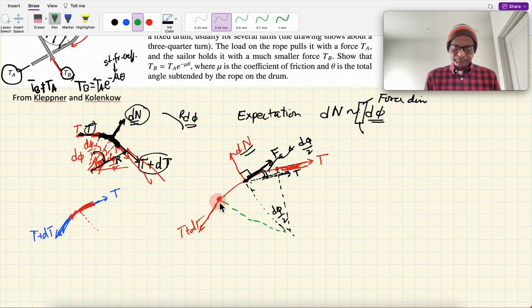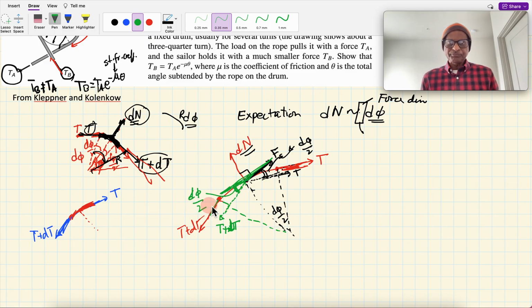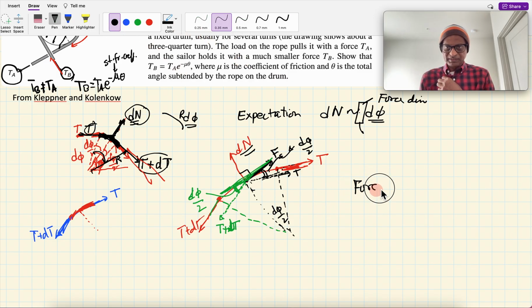If you take this vector and translate it over here in the same direction, this is T plus dT. This angle with the tangent will also be d phi over 2, and forces are balanced here. Nothing is accelerating.